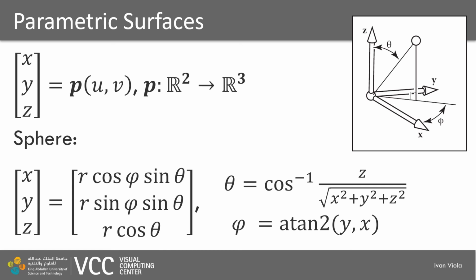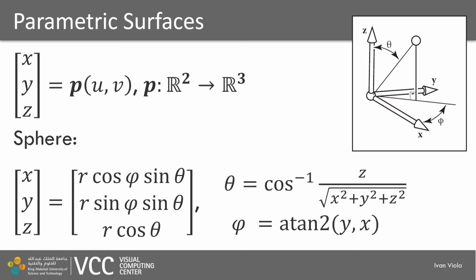If one of them is fixed and the other one is varying, then it creates some kind of isoline. But if both of them are varying, they will create a surface.